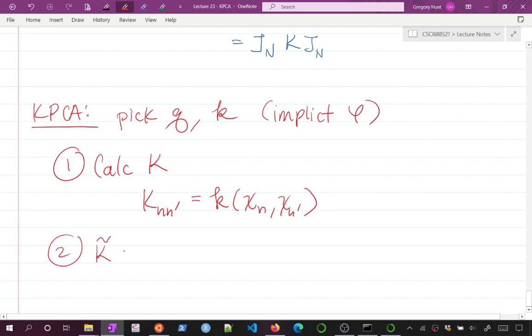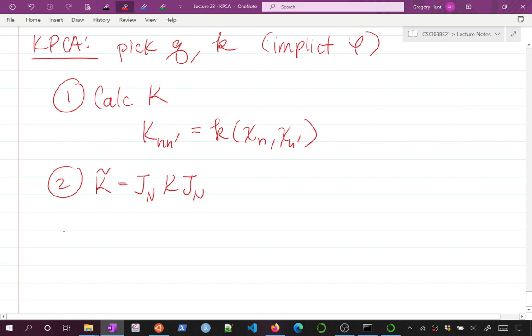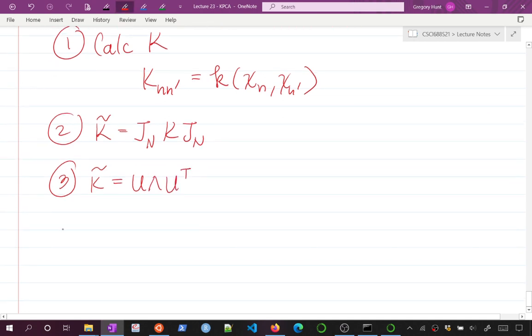We calculate K tilde, which is the centered version. This is basically as if we subtract off the mean. We just double center, multiplying by the centering matrix on each side. And then we eigen decompose K as U lambda U transpose.